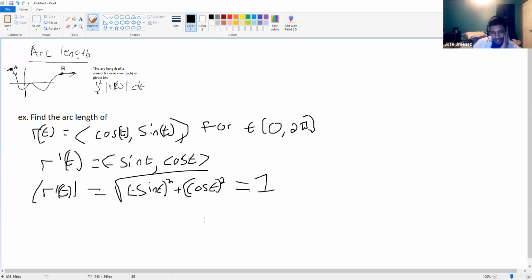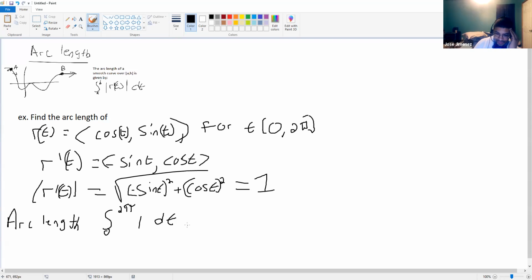So now, if you find the arc length, well, let's find the arc length. To find the arc length, what we're going to do is take the integral of the magnitude. You can see why I made it so easy for you guys. Maybe from 0 to 2 pi of 1 dt.